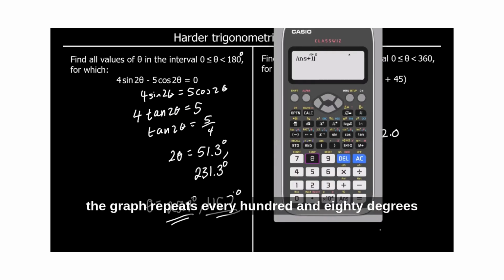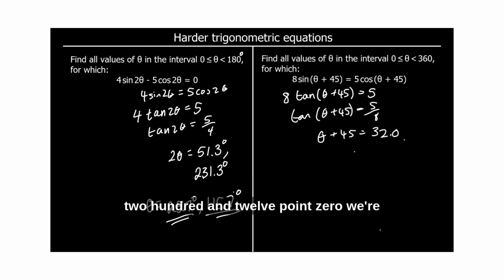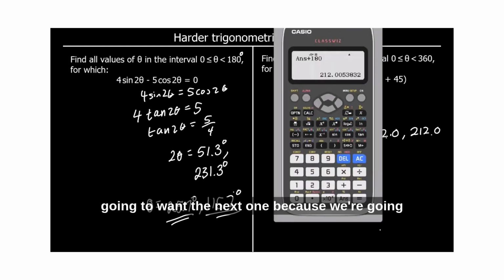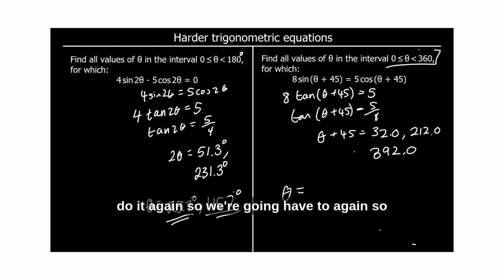And the graph repeats every 180 degrees. So 212.0. We're going to want the next one, because we're going to be taking 45 away from them. 392.0. So when we take 45 away, 32.0 is going to be below 0, so it's not in the range we want.